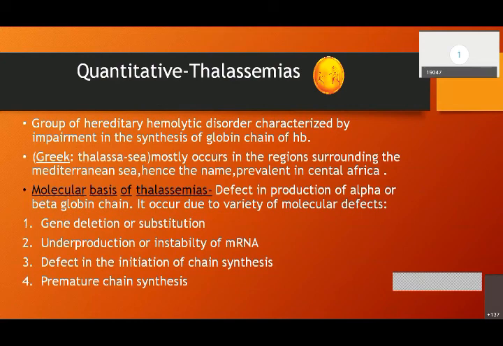It is prevalent in Central Africa, and in India it is prevalent in West Bengal. Its molecular basis may be gene deletion or substitution, underproduction or instability, or a defect in initiation of chain synthesis or premature chain termination.